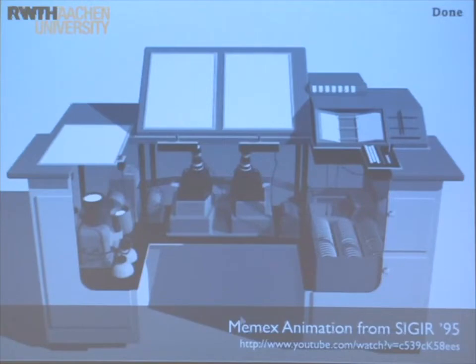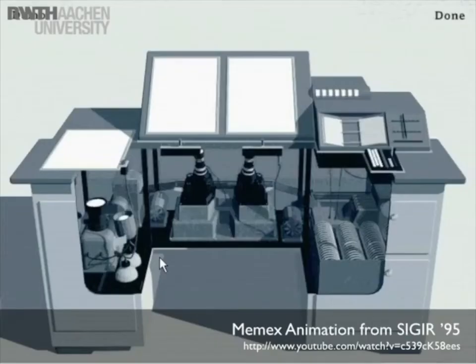So the whole system was basically using analog technology, because hey, the computer hadn't been invented yet, but the ideas are very much visionary in the way that people later on decided to structure or design computers and online interactions. Okay, so that's the Memex from 1945.